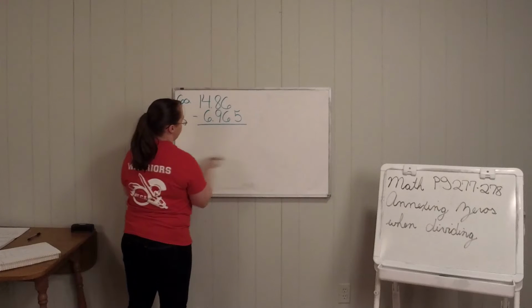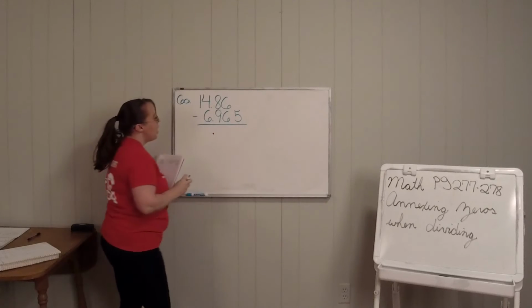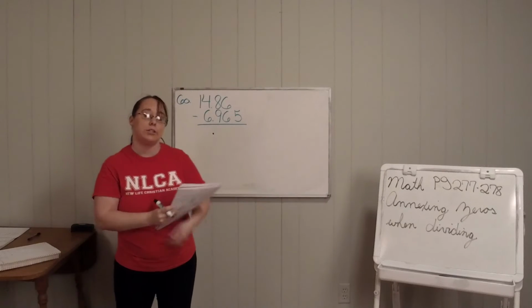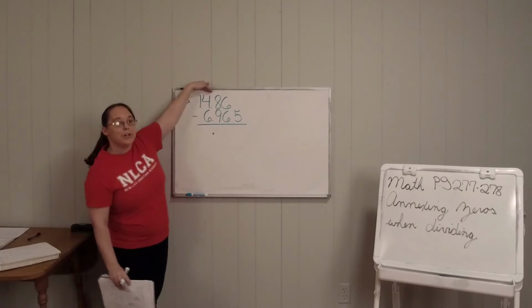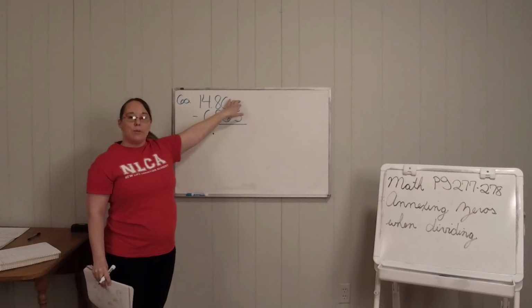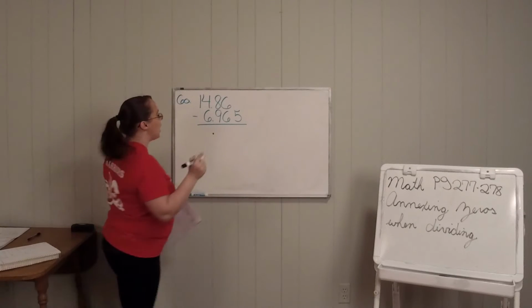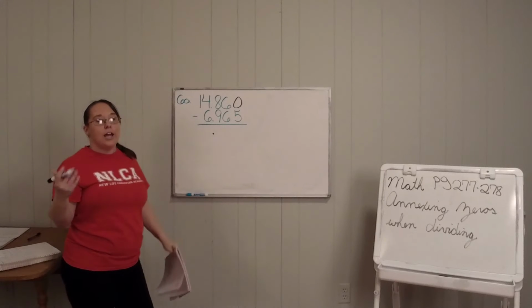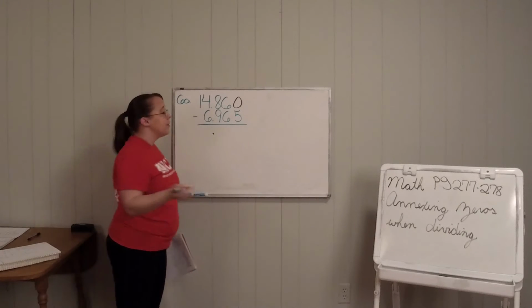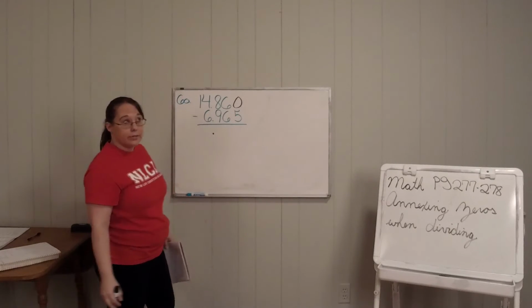You can actually go ahead and put your decimal in your answer if you want. But there's one step I told you you needed to do. Yes, this number is bigger than your bottom one, but you have no number there to subtract. Remember I said always put your placeholder 0 so it will be easier to subtract and you won't just go ahead and write an answer down. Because that number is not always going to be 5.